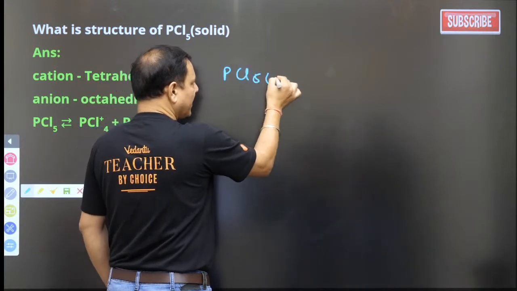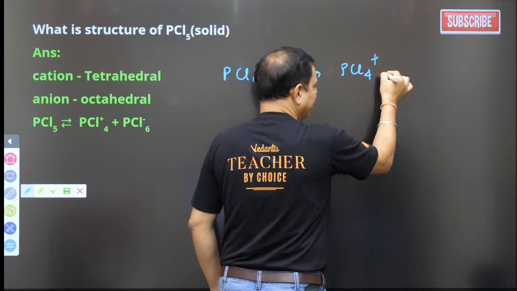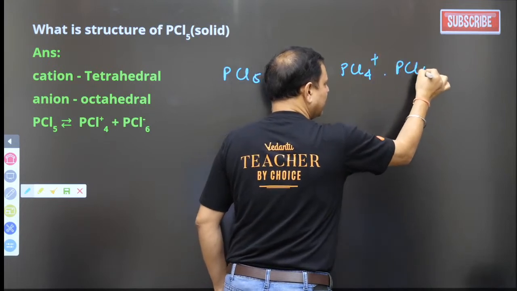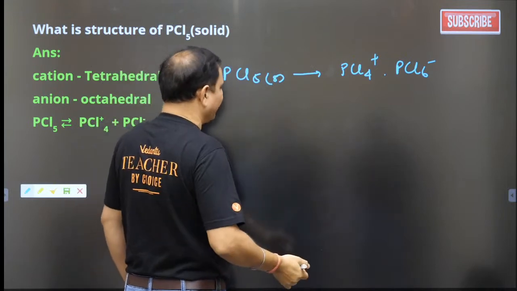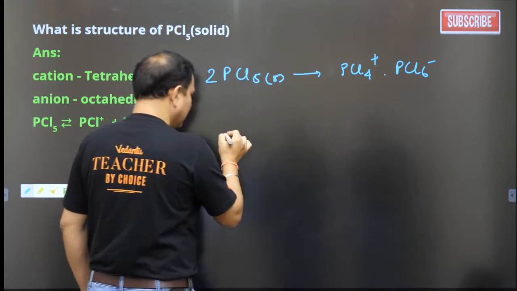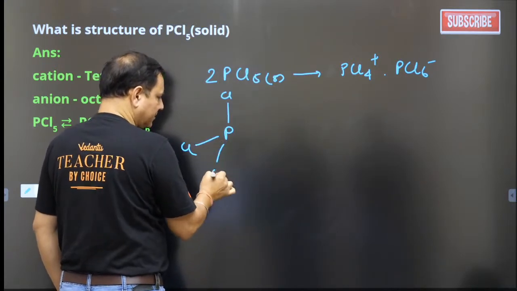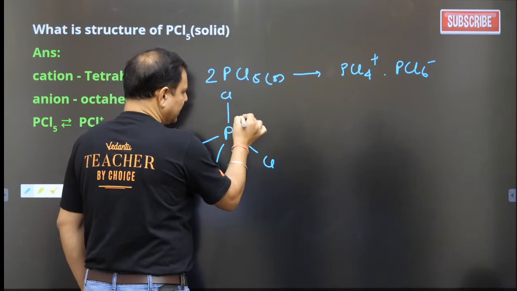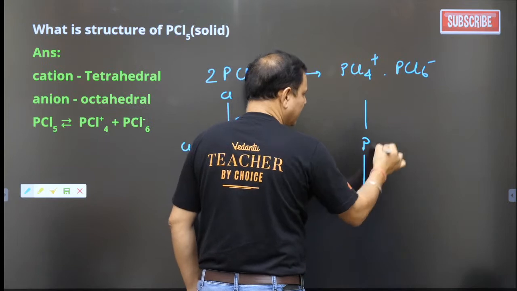What is the structure of PCl5 solid? PCl5 in the solid phase exists as PCl4 plus and PCl6 minus. You can form it by considering two PCl5, removing one Cl minus from one to the other, and you will get PCl4 plus and PCl6 minus.